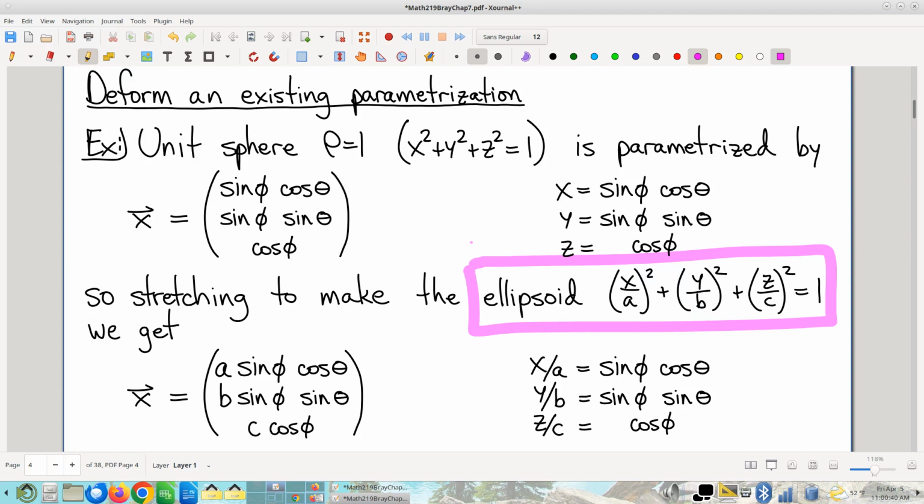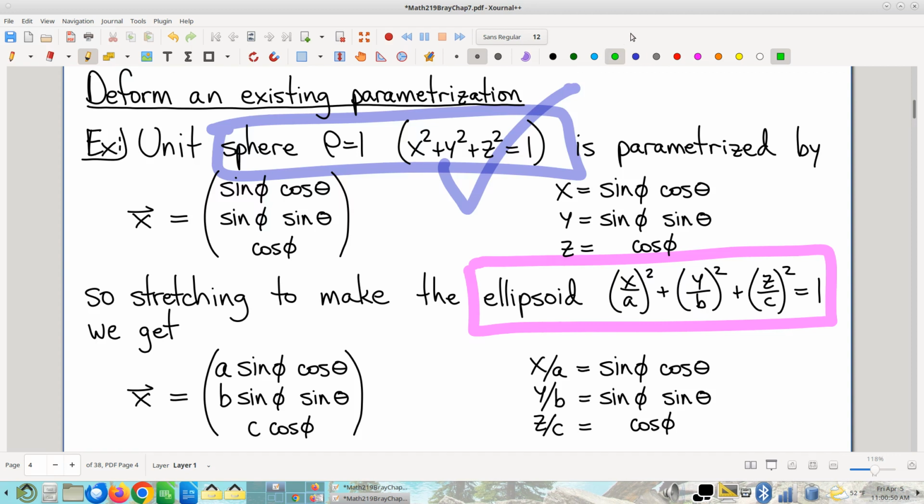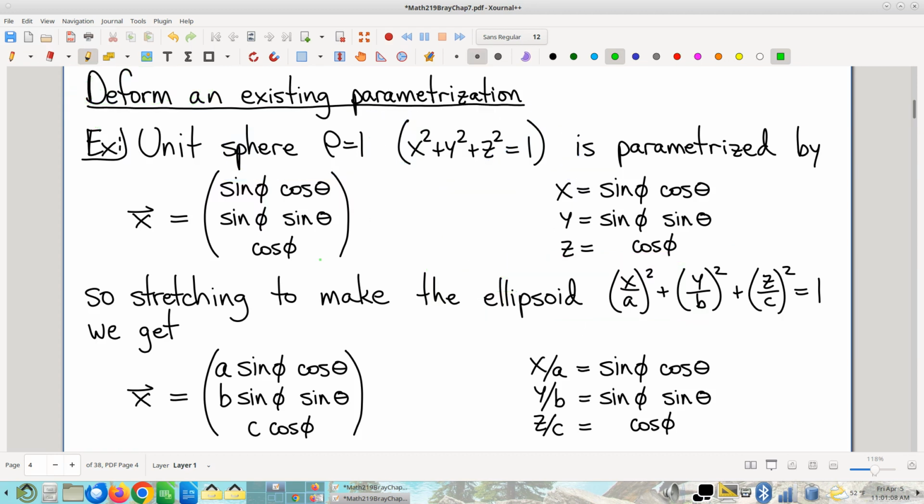It is a simple deformation of a sphere. So the idea is the fact that we already knew how to do this one, and the fact that there is an easy deformation that turns what I know how to parameterize into something that I want to parameterize, that's what makes this method possible. Okay, moving along.